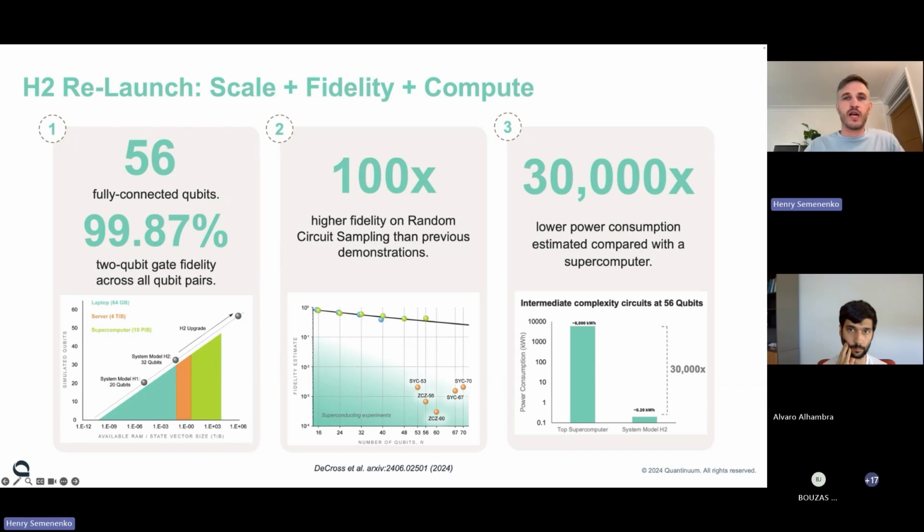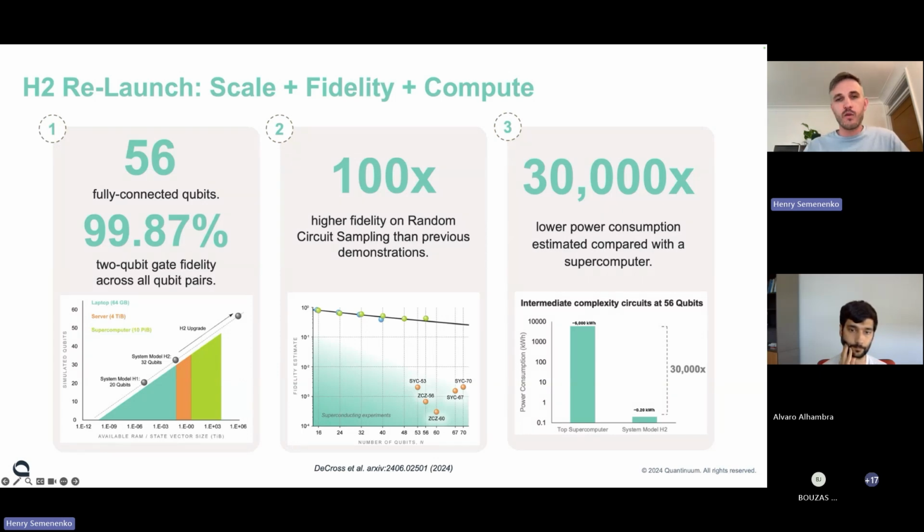And so these typically have been performed on superconducting experiments. And so this is really highlighting a couple of key things in the architecture of the very high gate fidelity, but also the all-to-all connectivity allows us to achieve these kind of experiments at potentially lower depths as well, because we're not limited by the connectivity between different qubits in our system.